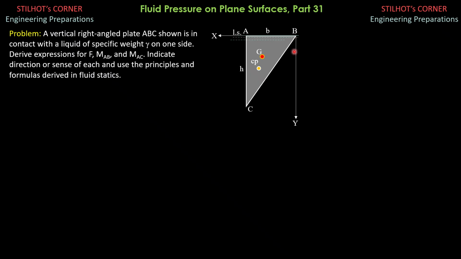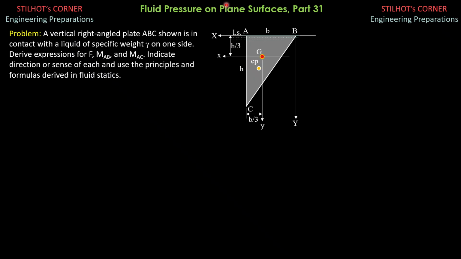So based on the derivation, take note that this is the y-axis. The positive direction is in this direction. That's the positive x direction also. Then the centroidal axis, x and y axis. So if the center of pressure lies here, then E sub VP is positive while E sub HP is positive also in this configuration.